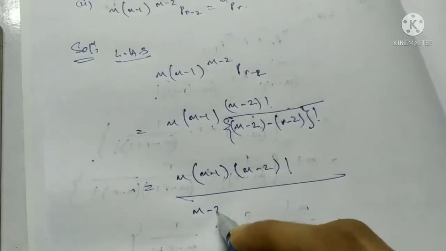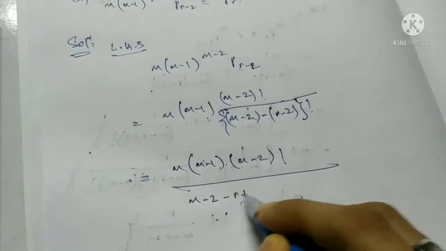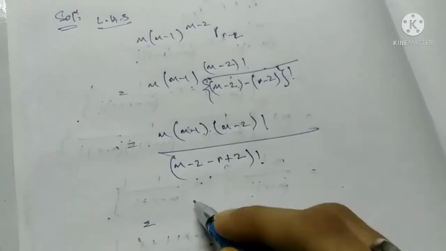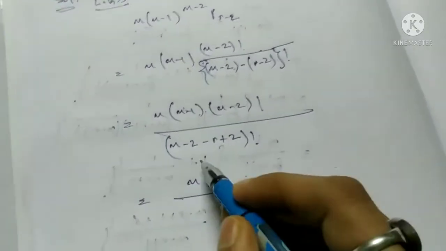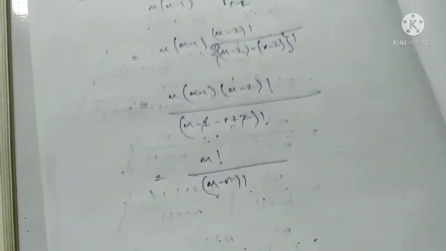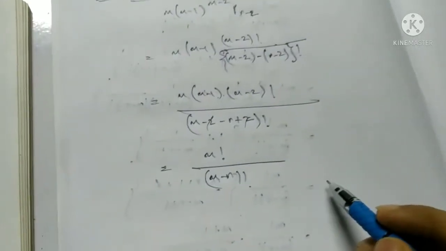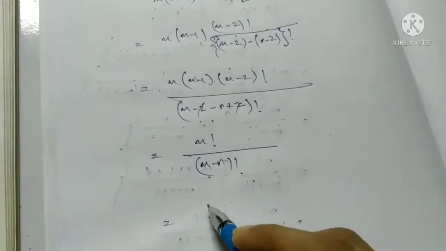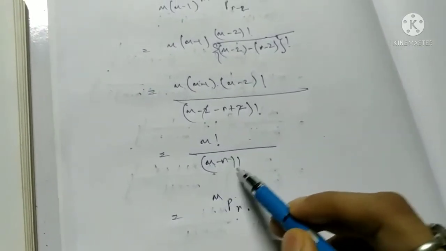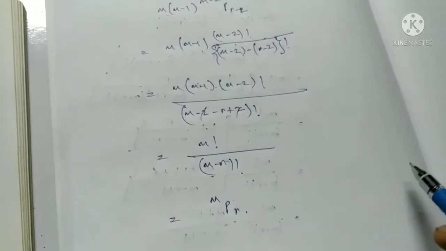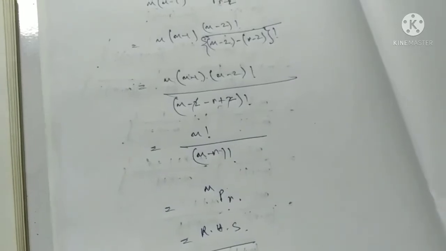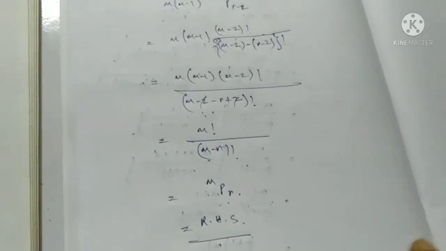In the denominator it will be (n minus 2 minus r plus 2) whole factorial. So this whole thing becomes n factorial by (n minus r) factorial. Finished. This is what I got, and this is equal to nPr, which is equal to the RHS. This much only. Again here, nothing more to do.